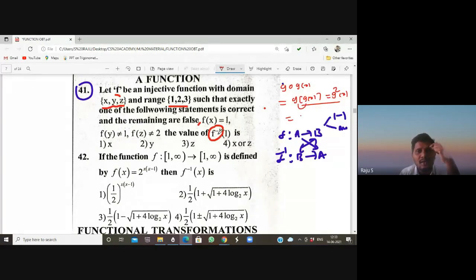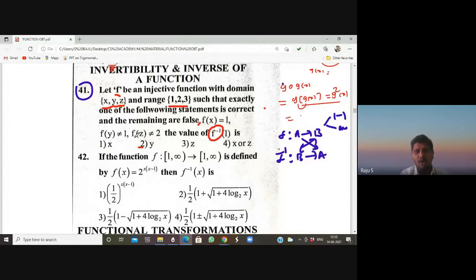To get the f inverse, f must be one-one and onto. F inverse must be one-one and onto. Okay, students, here f inverse is one-one and onto. Means if f is one-one and onto, f inverse is also one-one and onto, always.